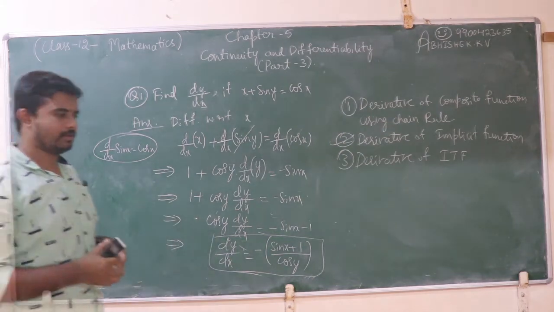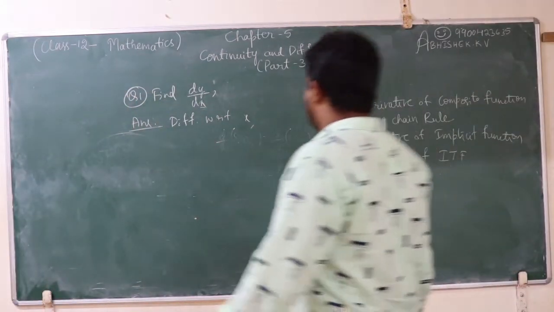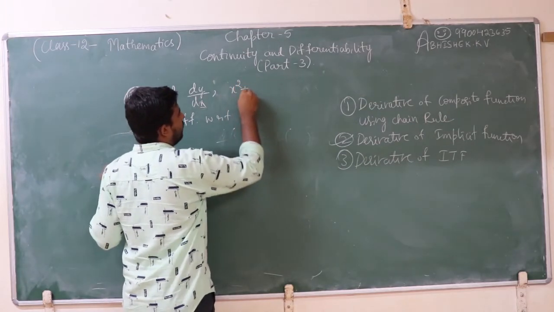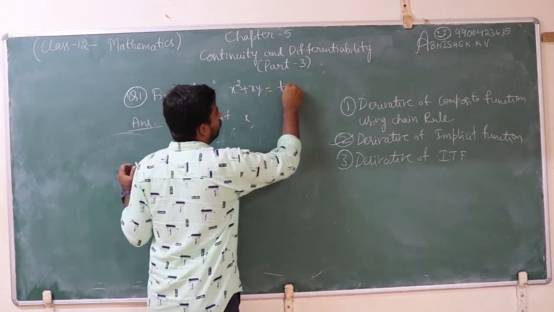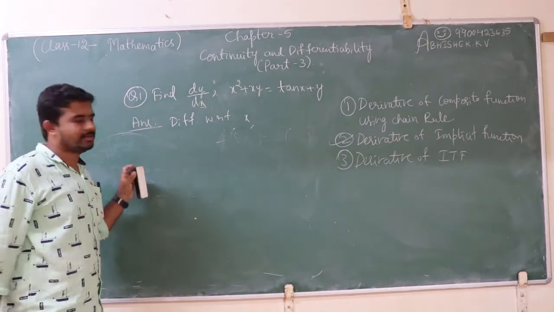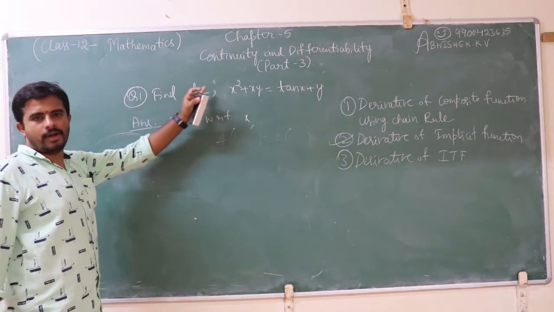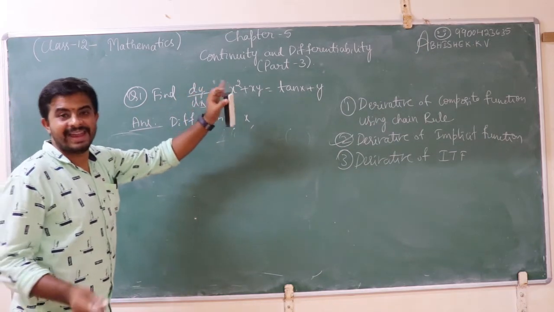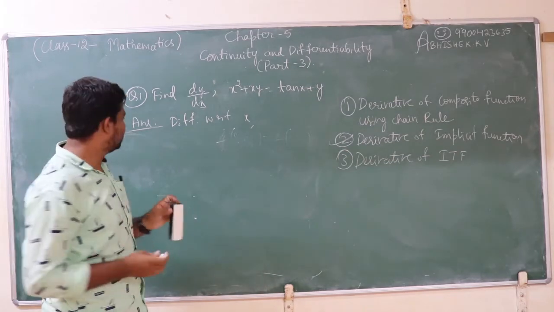Yes, please note. Let us move on to the next problem. Find dy by dx for x square plus xy is equal to tan x plus y. We need to find the derivative of the function. It is an implicit function. Is it clear?